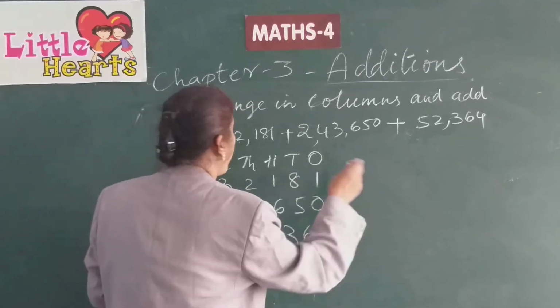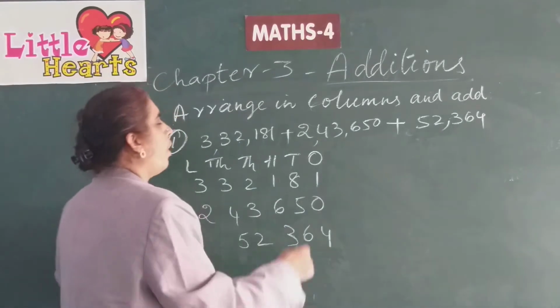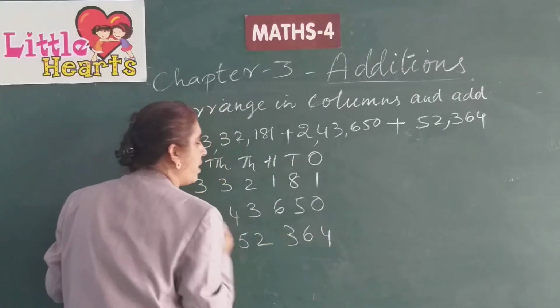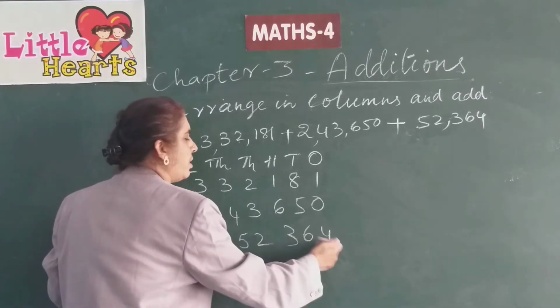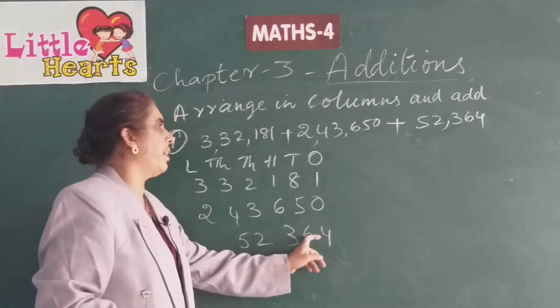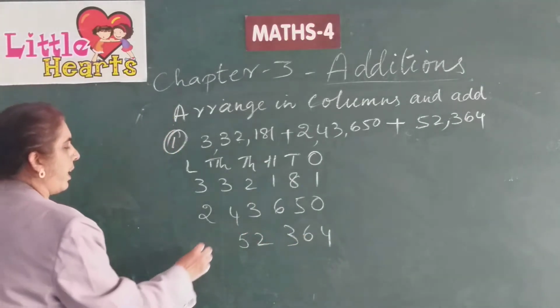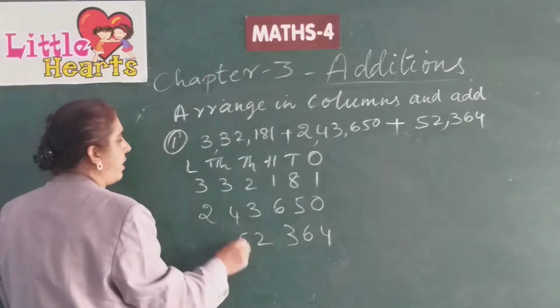It has only 5 digits. Never start writing from the extreme left. Always start writing a number from the ones place only. According to their places you have to write. Start writing 52,364 from here. It has only 5 digits.